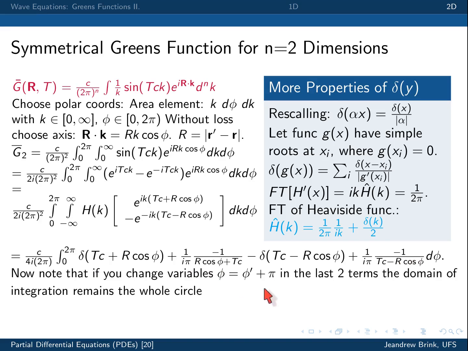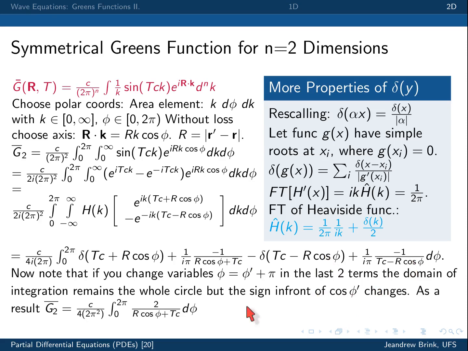Okay, that's just writing it out. We change the variables, so the domain of integration remains the same, and as you change the variables, the cos of phi prime changes. Okay, but you can just relabel it there and there, and that actually gives you that these two terms cancel, but you're left with these two, and you can then evaluate the integral, and it's simply your i multiplies out that i with a minus, that cancels the minus up there, then you have r cos phi plus tc, and then you have the factor of 2, because you have two of these, this other term adding in as well.